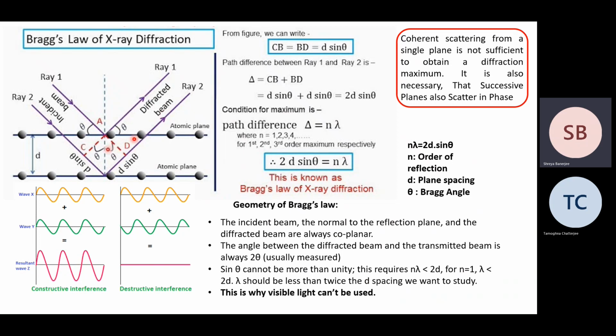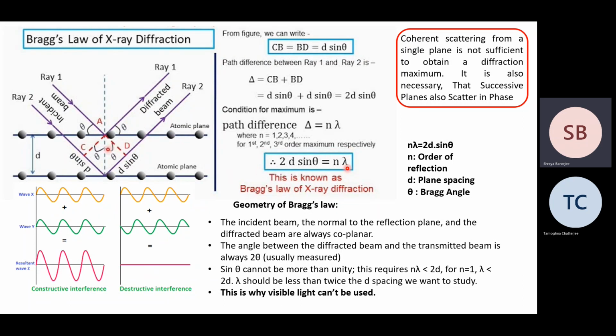Only if this extra path difference is an integral multiple of the wavelength will constructive interference occur. If it is not so, the waves will destroy each other, and that is destructive interference, in which where there is the peak of one wave, there is the trough of the other wave.